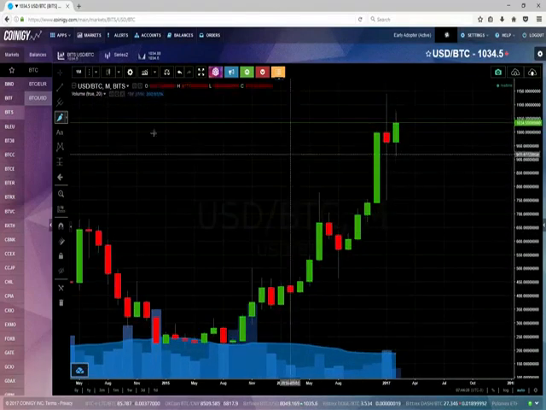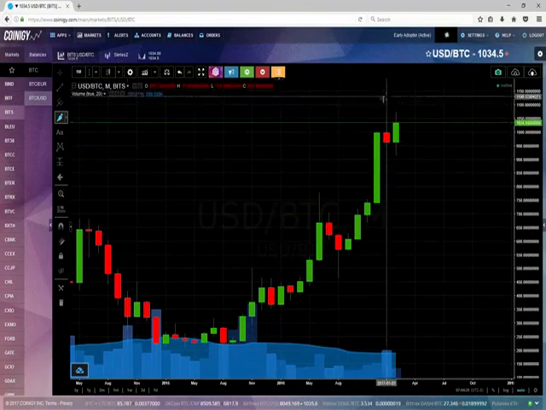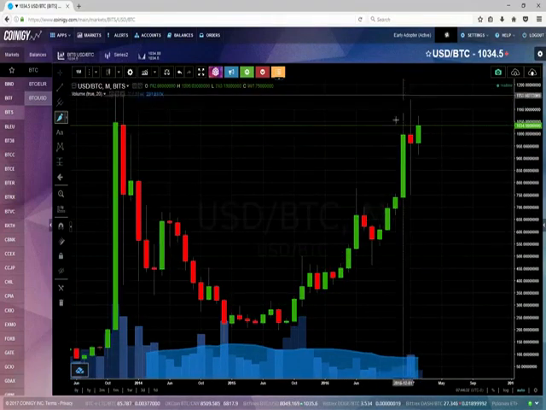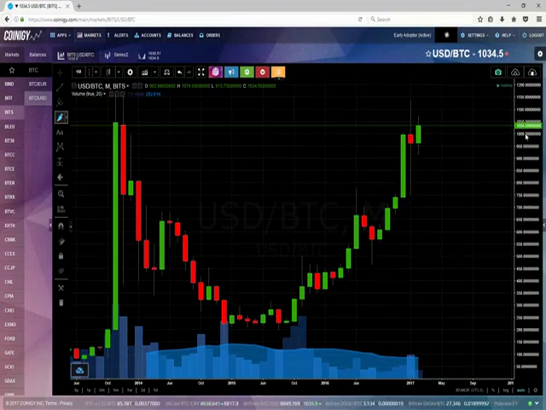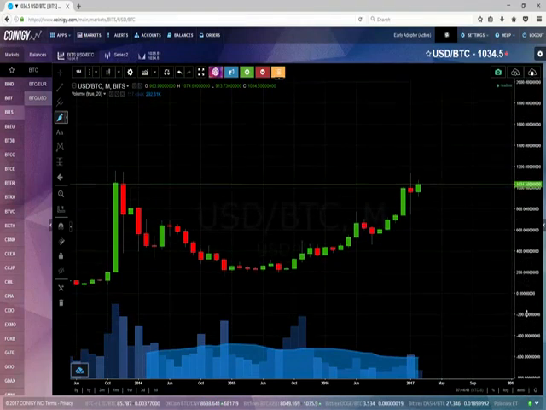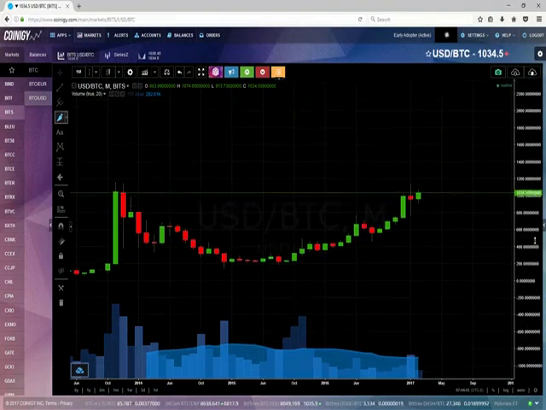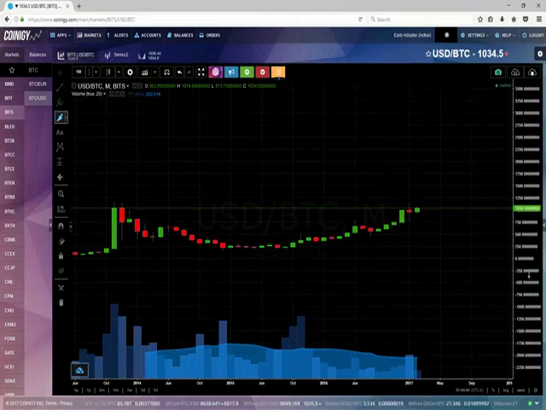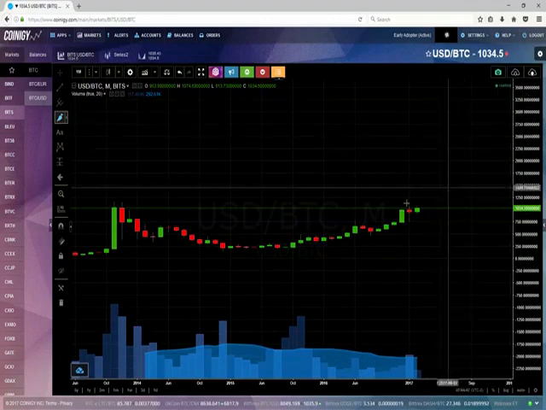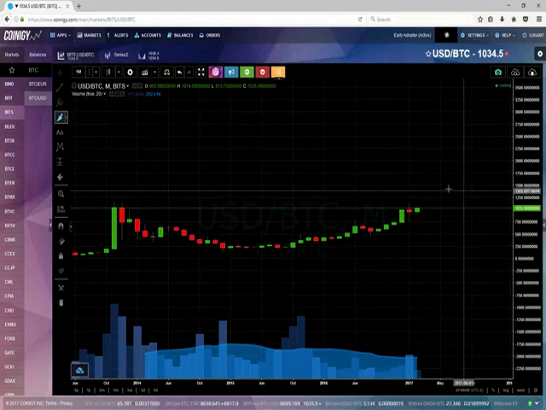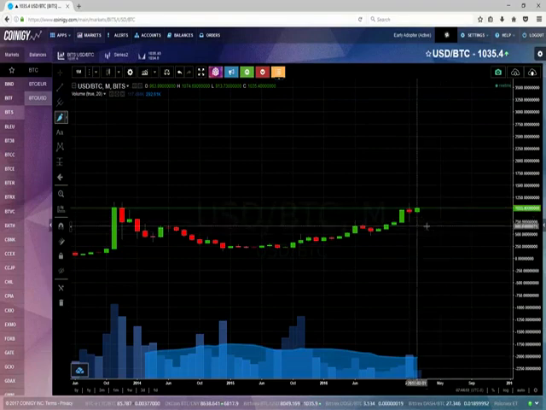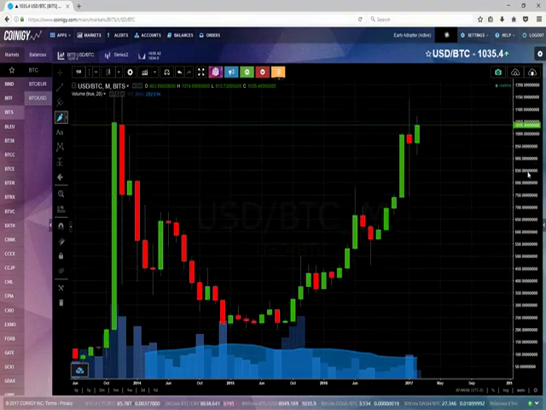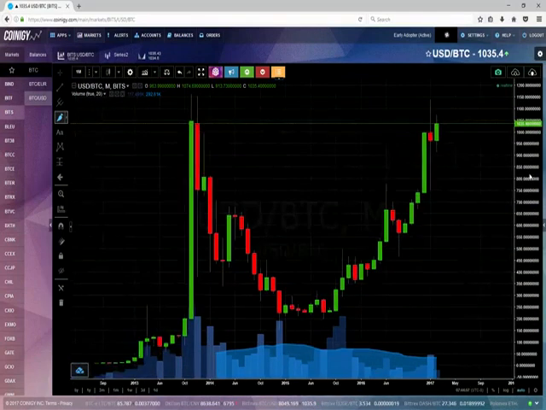Like, let's say I was in a trade and I wanted to see, okay, where would the price go if it breaks out? You can go on the side here and you can left click and just drag, right? So you can see multiple different price points and drag it. And if you want to bring it back to its usual, just double click, two left clicks right there.